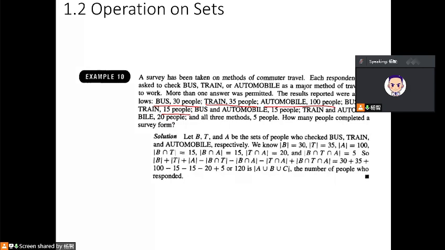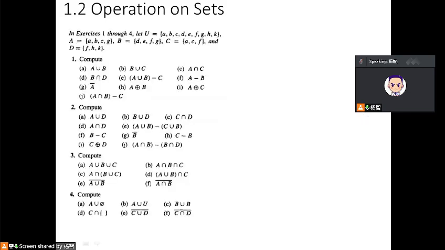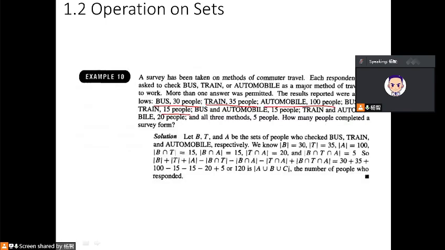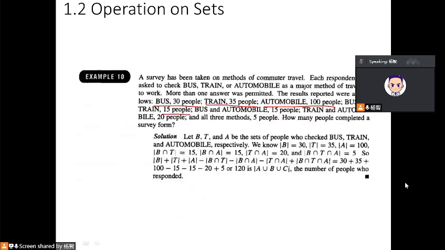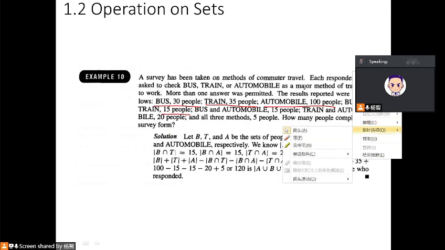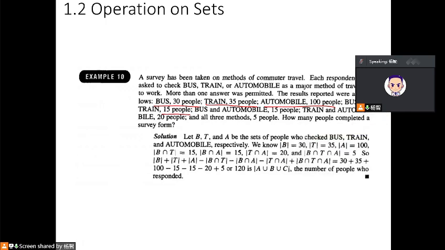Okay, and 12 people said they also take bus and train. And 15 people take bus and drive a car.